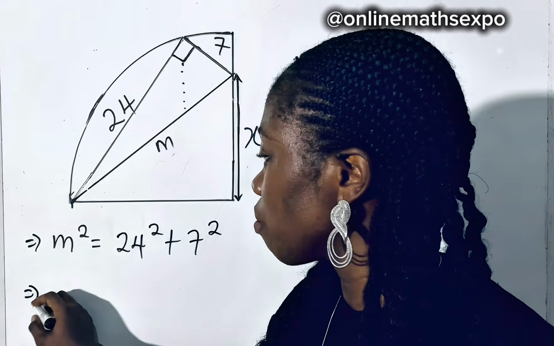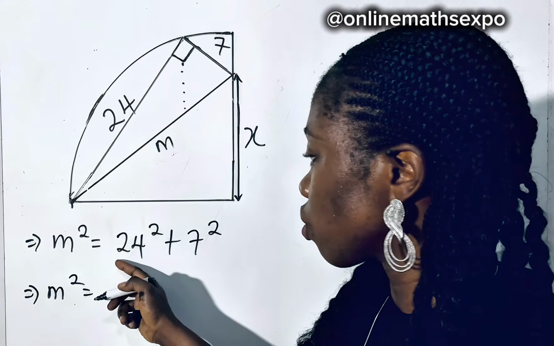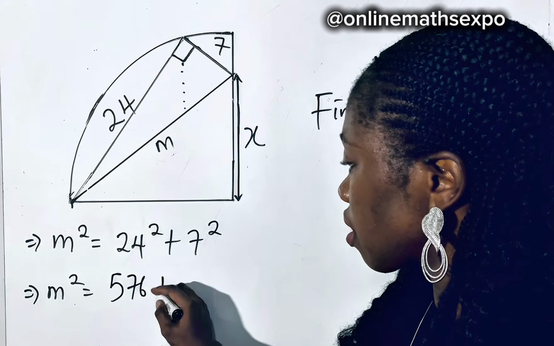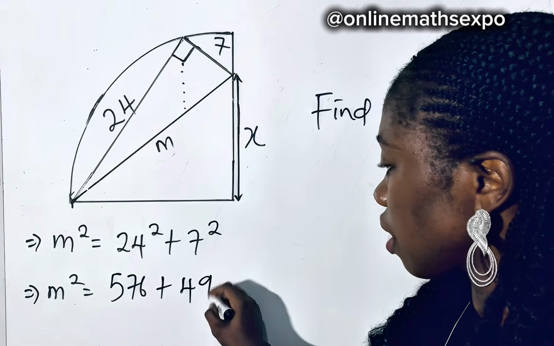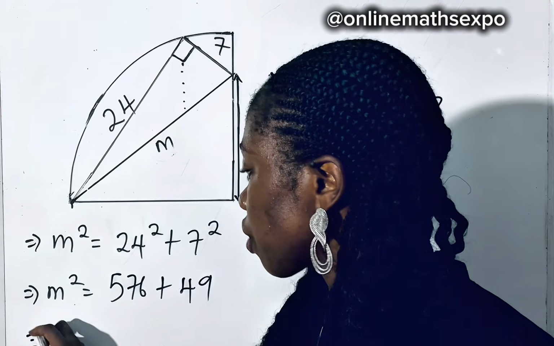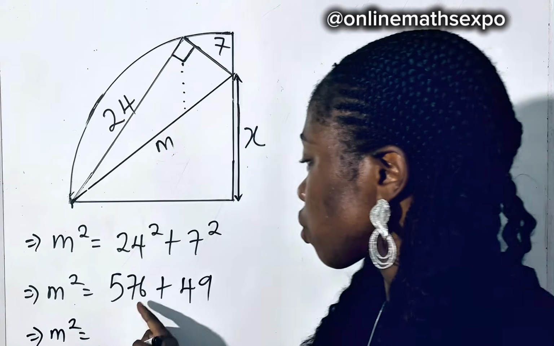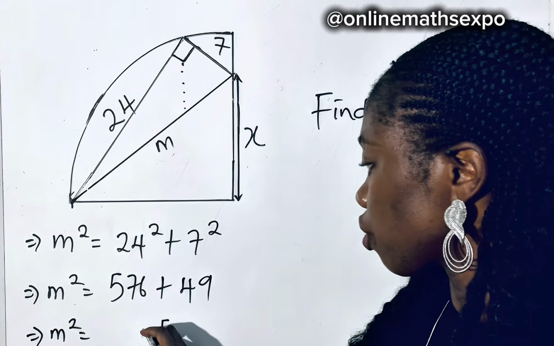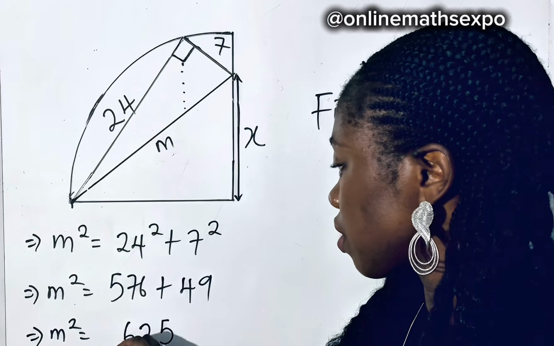Simplify, we have m squared is equal to 24 squared gives us 576. 7 squared gives us 49. Add up, we are going to have m squared is equal to 625.